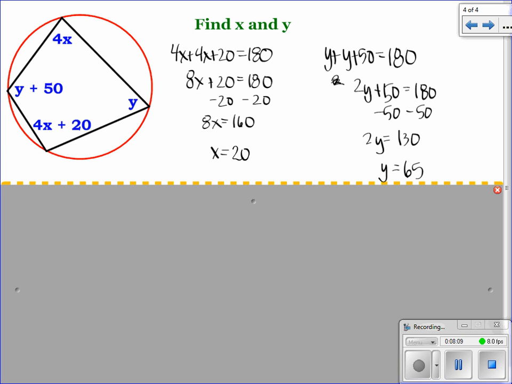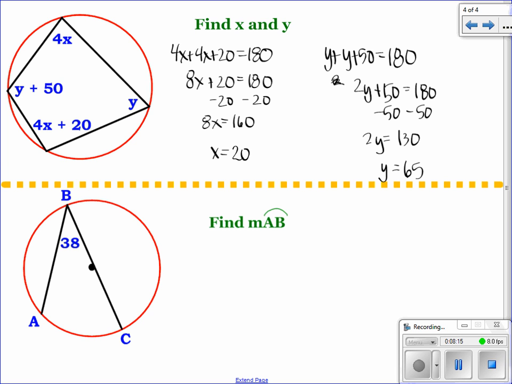Try one more. This would be a very good example of what you might see on the test. What do we know about this picture that we could label from what we learned just today? Yeah.